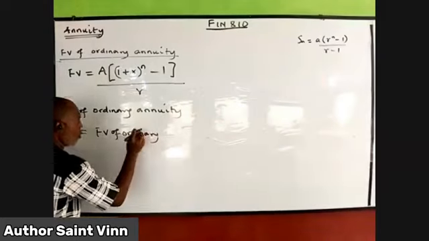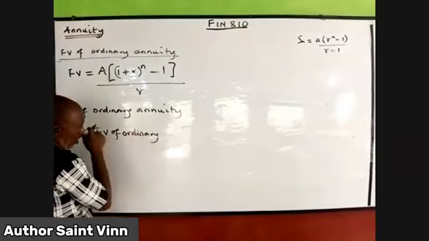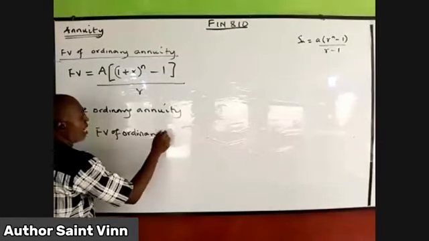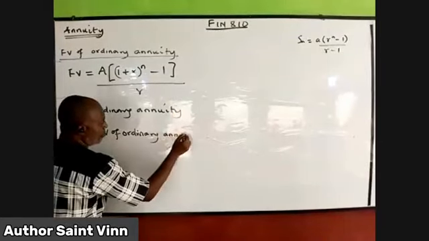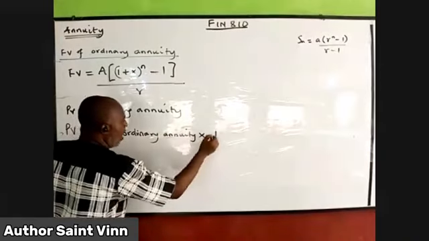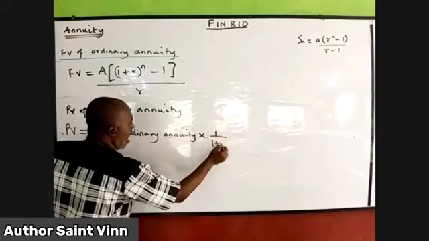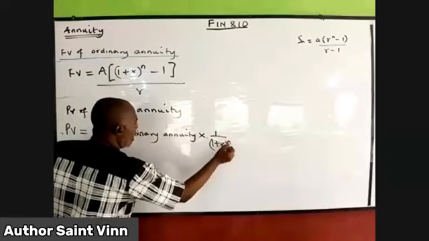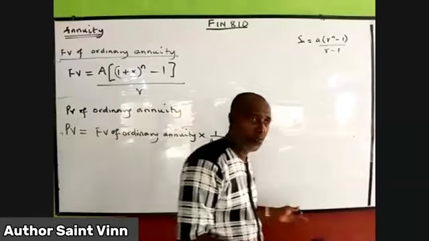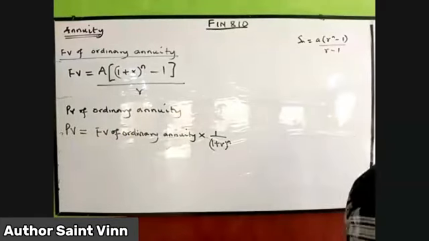See how I'm going to get the formula, it is not a problem. But remember the major formula: future value of ordinary annuity times 1 over 1 plus R. You remember this formula? Discounting what? Factor, that's the discount factor.